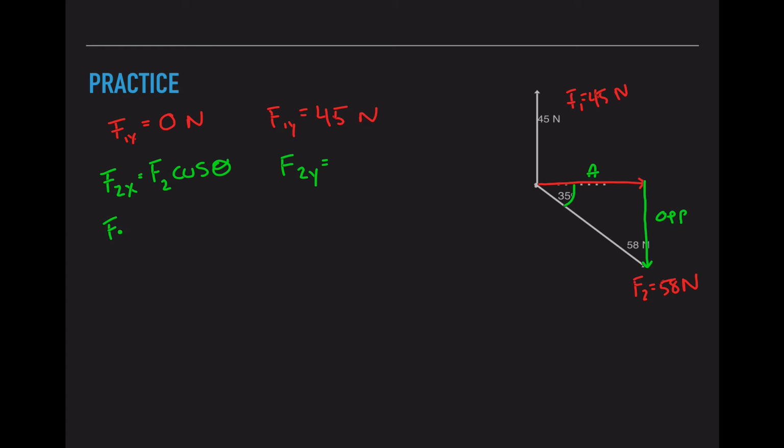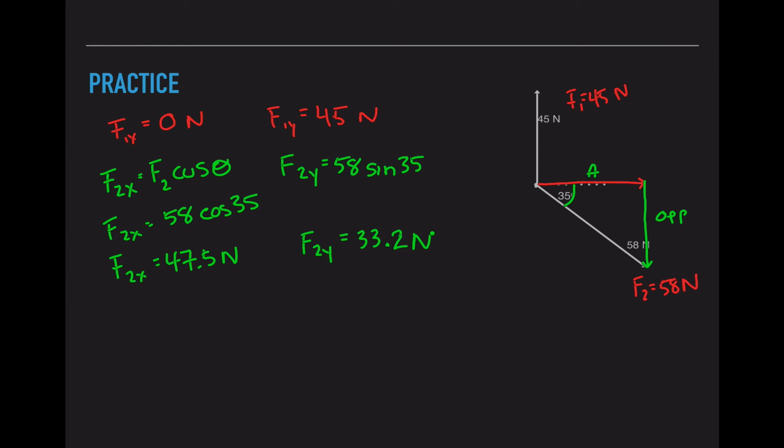So F2x equals 58 cosine 35, and the x component of that force equals 47.5 newtons. Now the y component is the same thing, 58, but now sine 35 because I want the opposite leg, and the y component is 33.2 newtons.